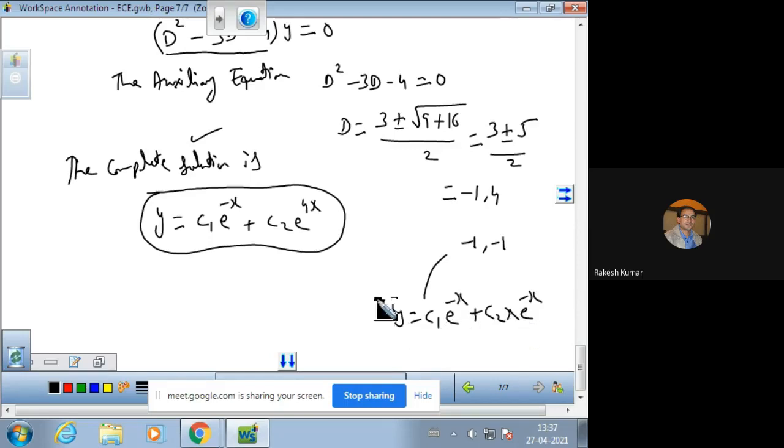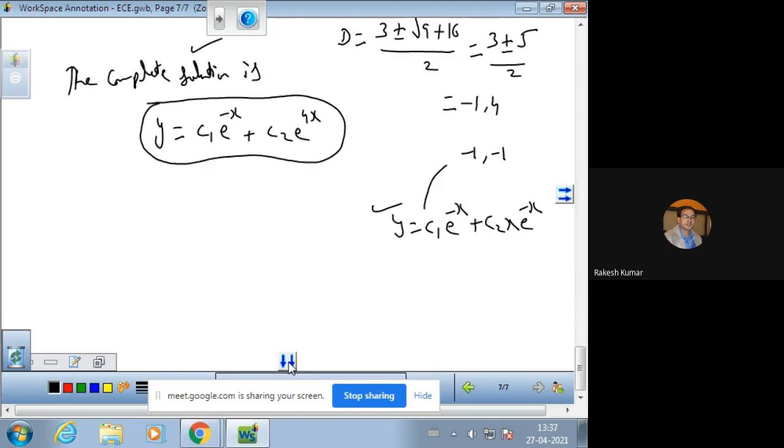You will multiply the second factor with x, so in that case the solution is this. We can also write down the solution if the two roots are imaginary. Suppose the roots are 2 plus minus 3 iota. These are the values of D, and in that case the solution will be y equals e raised to power, the first one is 2, this is the real part.